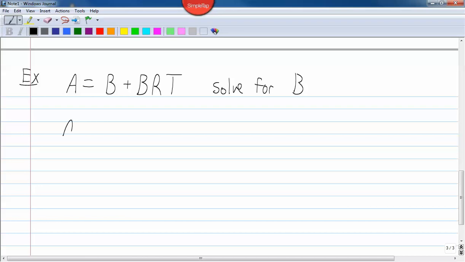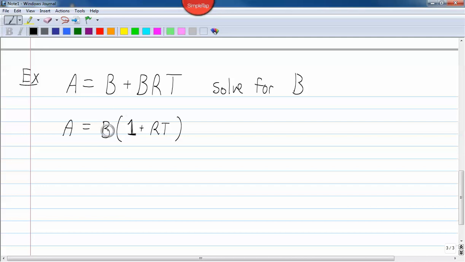The way that I can do that is I can factor a B out of both of those terms. So if I factor a B out of this first term, what does that leave? 1. Plus, if I factor a B out of this term, that leaves me with RT. Now, I have B times my crazy looking 1 plus RT.